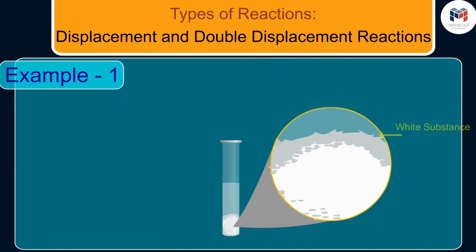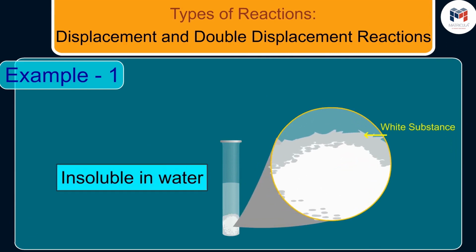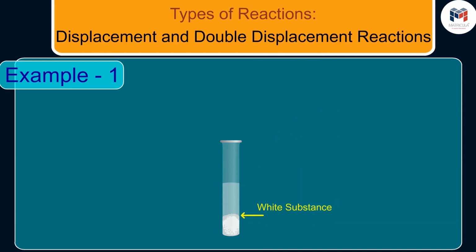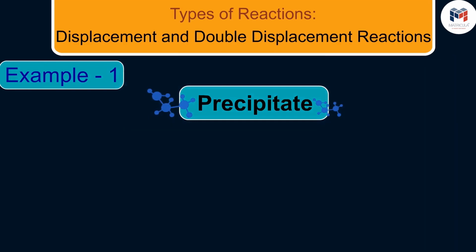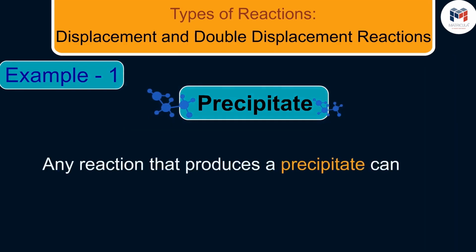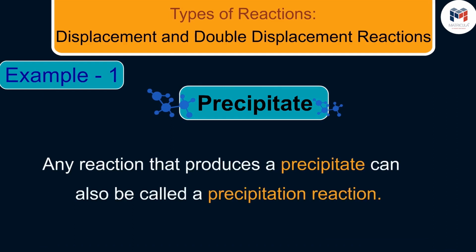You will observe that a white substance, which is insoluble in water, is formed. This insoluble substance formed is known as a precipitate. Any reaction that produces a precipitate can also be called a precipitation reaction.